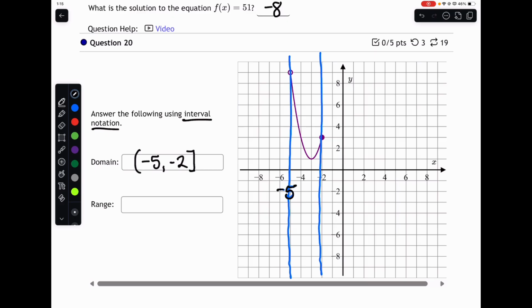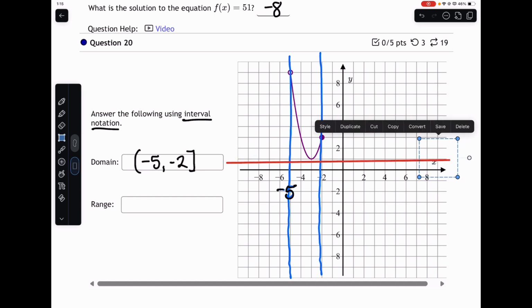Now to identify the range, we do the same concept, but using a horizontal line from the bottom going upwards. I'm going to move this horizontal line until I find the lowest possible point, which would be the first time I intersect this red line with the graph, at this value there.